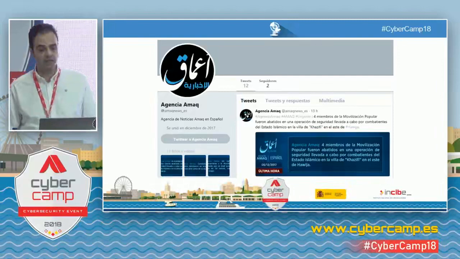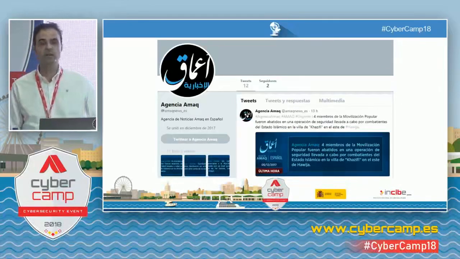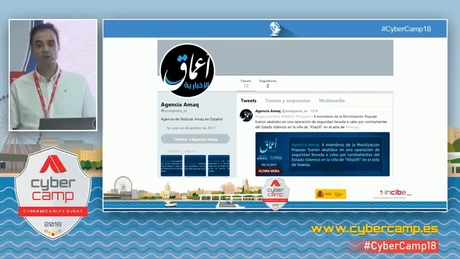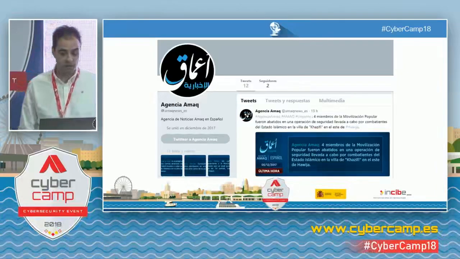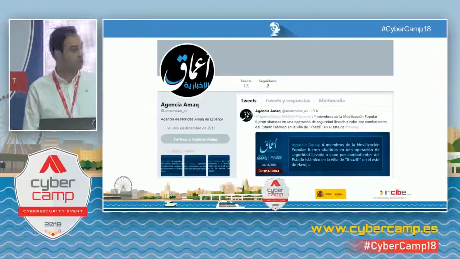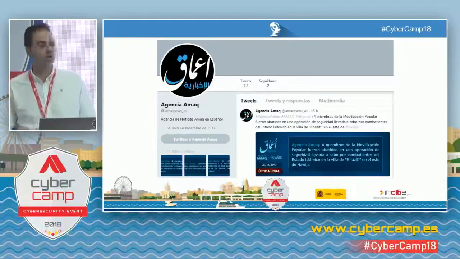Up until recently, it was available on Telegram. And with this agency, as soon as it was spotted, it was reported to Twitter, but it took Twitter several days to close it down.